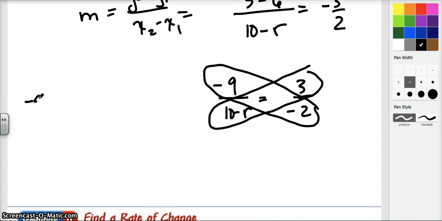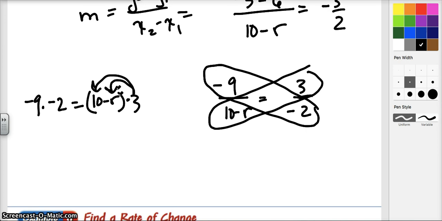So I get -9 times -2 is equal to 10 minus R, in parentheses because that's a whole thing by itself, times 3. When we have things in parentheses and a number being multiplied on the outside, that screams distributive property. So distributing, we get 30 minus 3R is equal to 18.